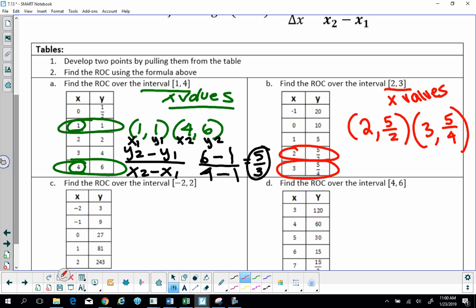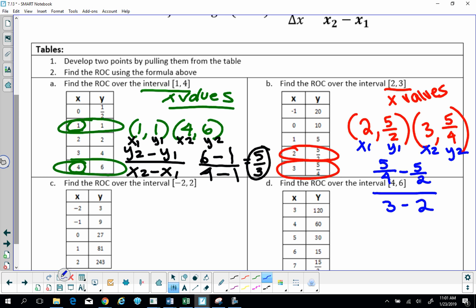Then you could just put it into your calculator. So when I put it in, I label my points. So I have x1, y1, x2, y2, and plug it into the slope formula. So I have 5 over 4 minus 5 over 2 over 3 minus 2.